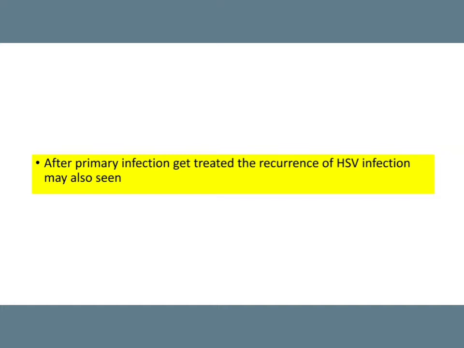Recurrent infection means the HSV infection or keratitis was treated, but after some time it appears again. So after the primary infection gets treated, recurrent HSV infection may also be seen.